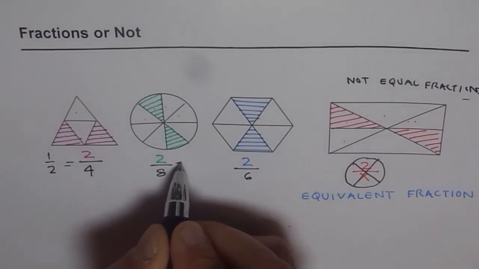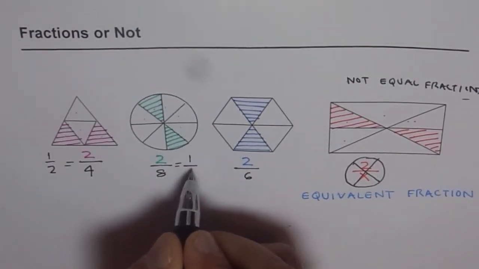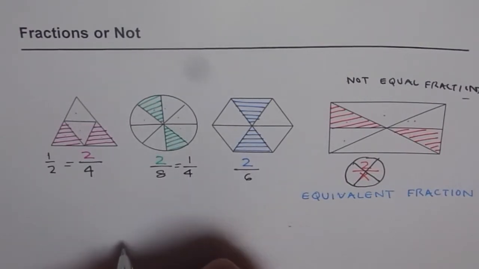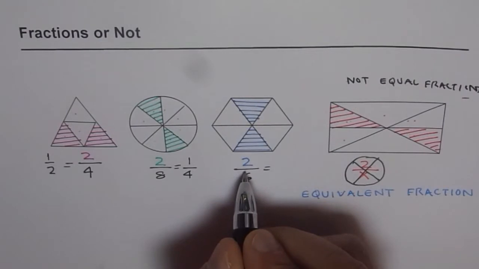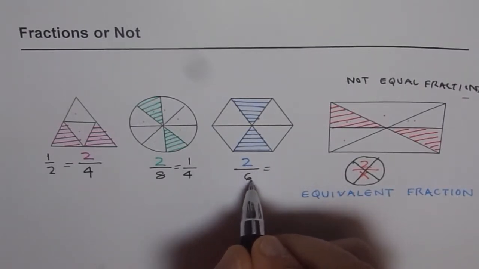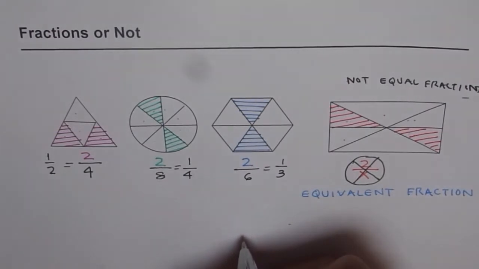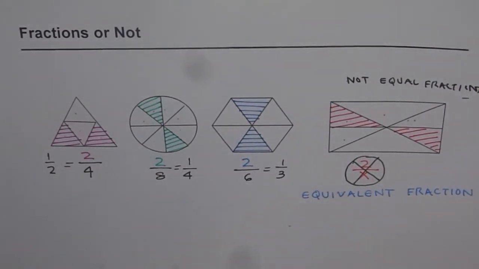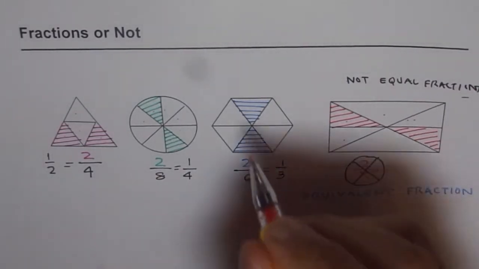Here, let's divide 2 by 2. You get 1. And half of 8? 4. 1/4. Do you see that? In this case, if I divide by 2, both numerator and denominator, I get 1 out of 3. 1 out of 3 has been shaded. Now, how do you show it? How do you say 1 out of 3?